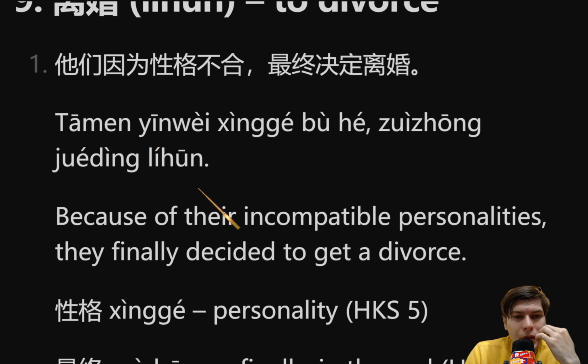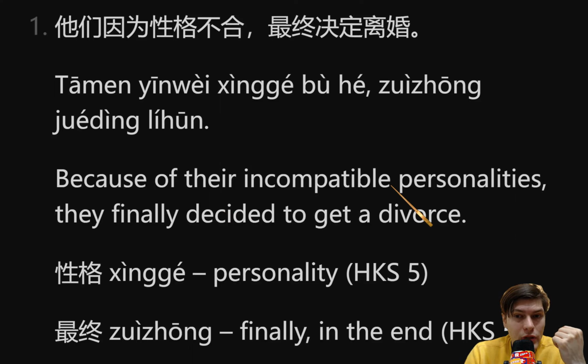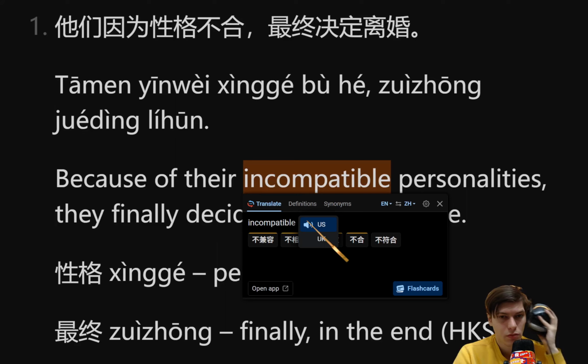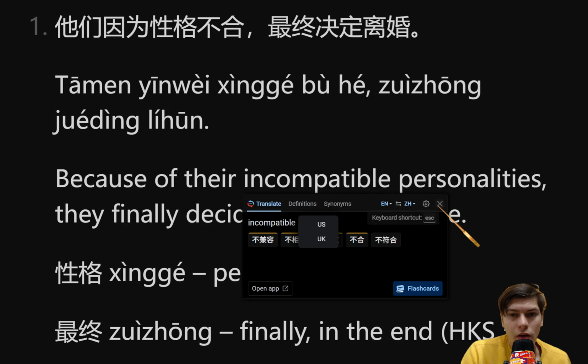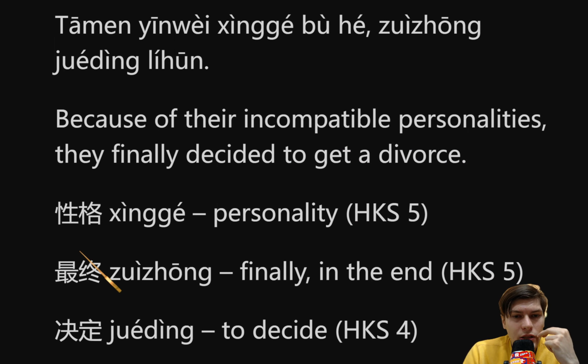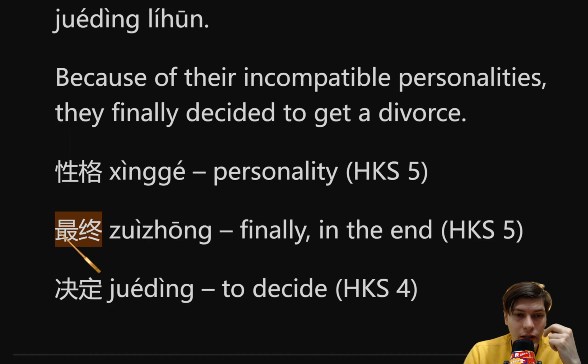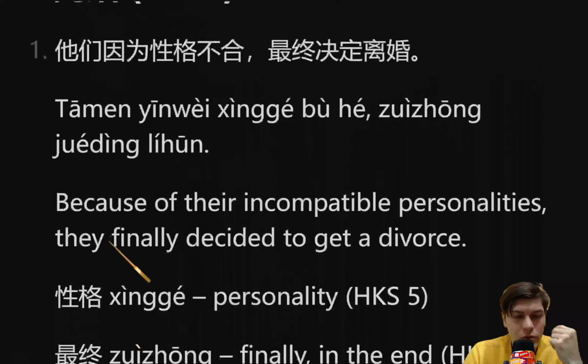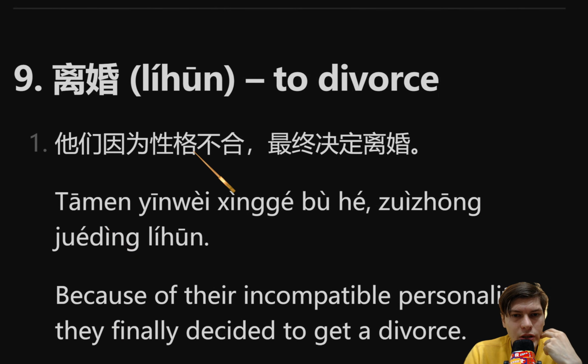Because of incompatible personalities, they finally decided to get a divorce. 性格 personality. 最终 finally, is the end; 终 is end, so the most end. 最终决定 to decide. 他们因为性格不合最终决定离婚. 性格不合 is like the short version of 适合, to fit in.